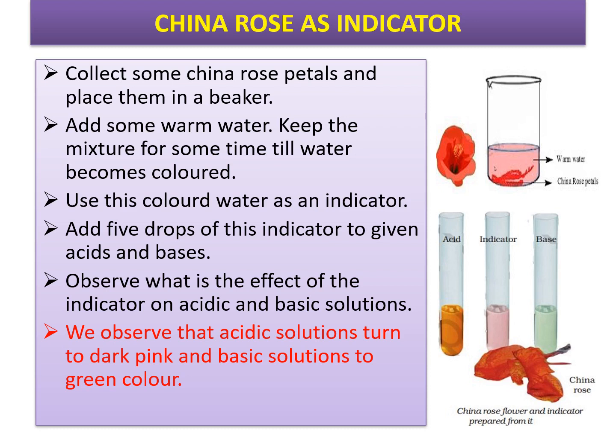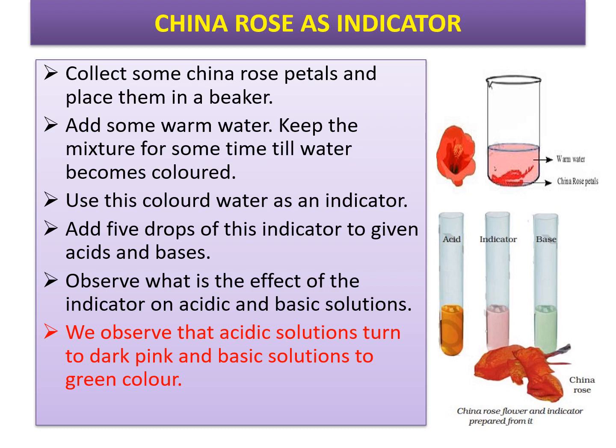Finally, we can observe that China rose indicator turns the acidic solution dark pink and the basic solution green. Look at the screen. You can see the acid in one test tube, the middle one is the China rose petal indicator, and another one is a basic solution.